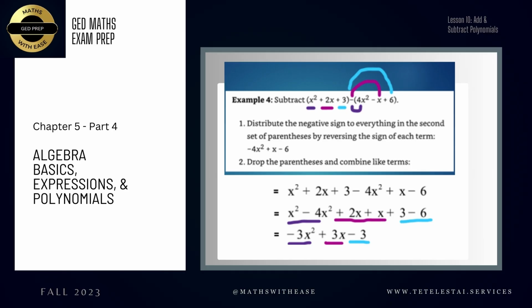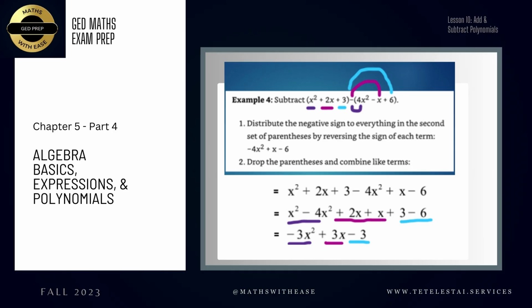So we look at our entire expression. This is after we've distributed the negative sign and dropped the parentheses. And this is the expression that we now have: x squared plus 2x plus 3, minus 4x squared plus x minus 6. Now you group the like terms.